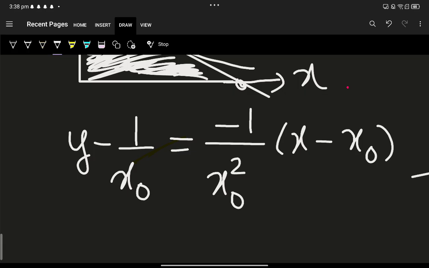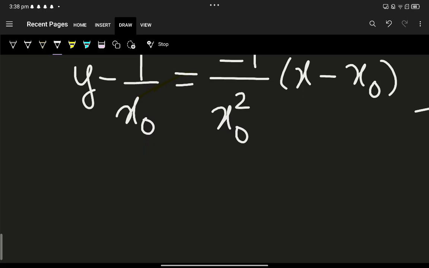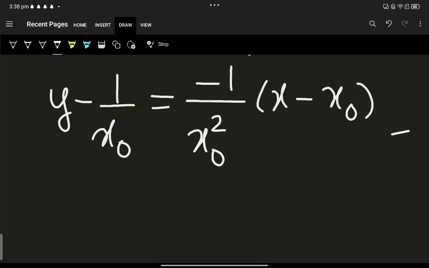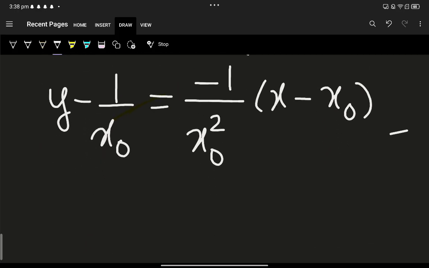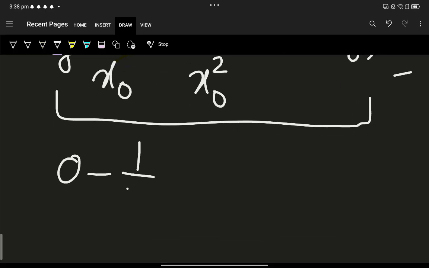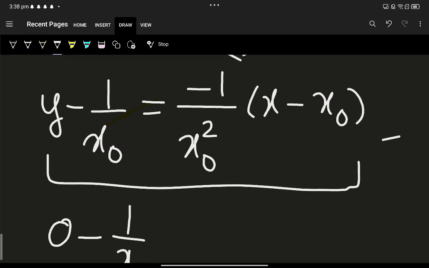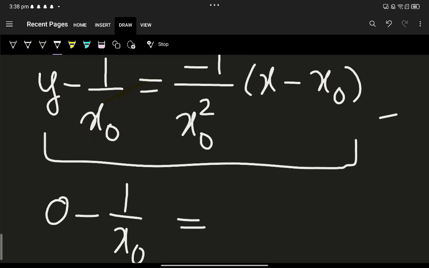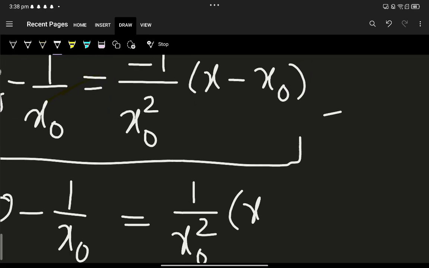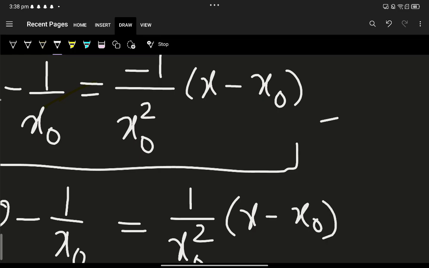And now we can find the area of the triangle. To do that, we'll first find the x-intercept and then the y-intercept. To find the x-intercept, we have to plug in y as 0. So in this equation, 0 minus 1 upon x naught is equal to minus 1 by x naught squared multiplied by x minus x naught.